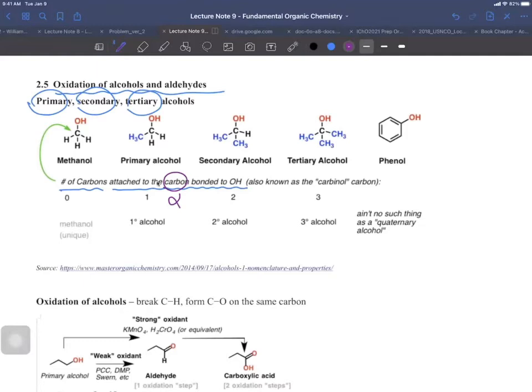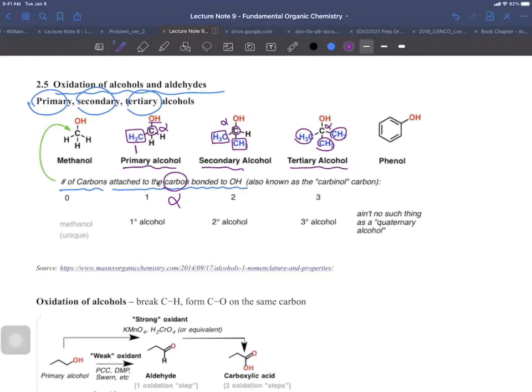So let's have a look. OH is here. So this is the alpha carbon. So there is only one carbon connected to the alpha carbon. This is called primary alcohol. And this is also the alpha carbon, but there are two carbons connected to the alpha carbon. So this is why it's called secondary. If there are three carbons, it's called tertiary alcohol.